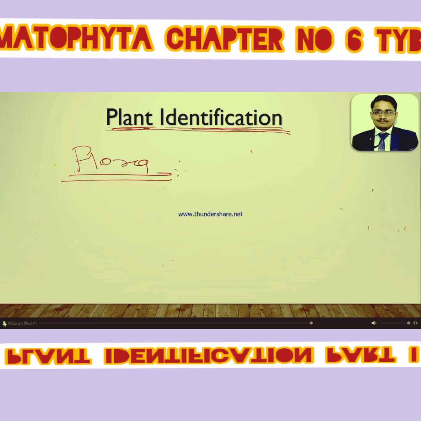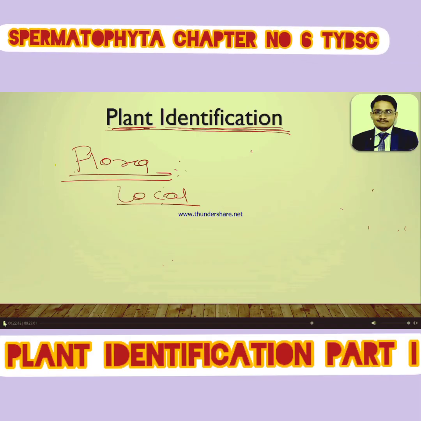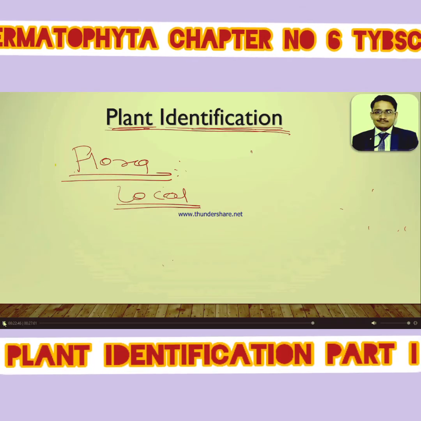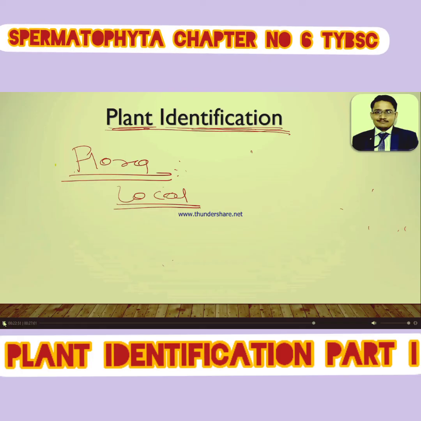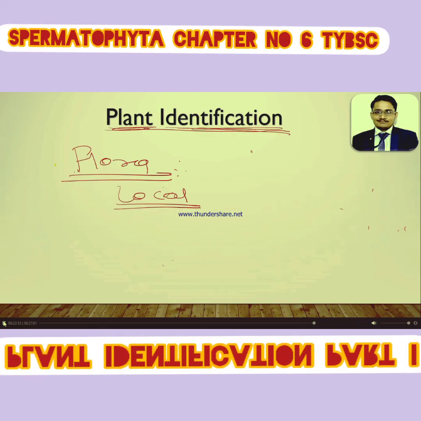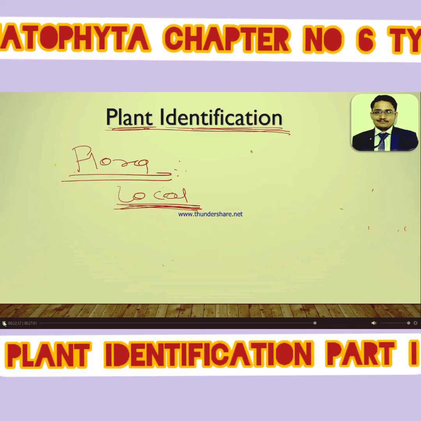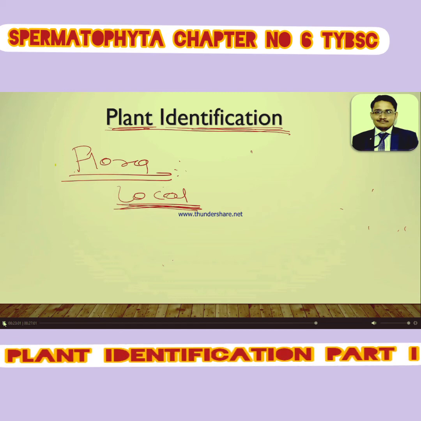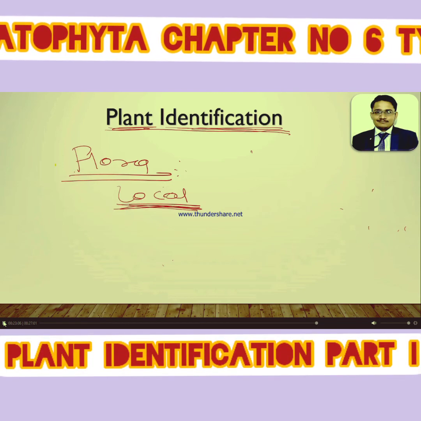There are different types of flora. The first is local flora. Local flora may be of your village, your city, your town, your state, or your country. Local means your locality. A flora made for your locality is known as a local flora.